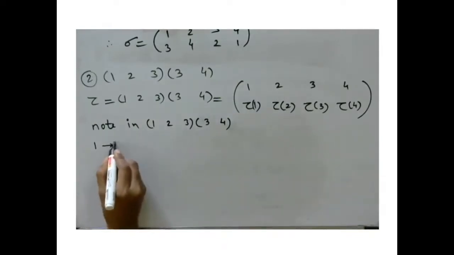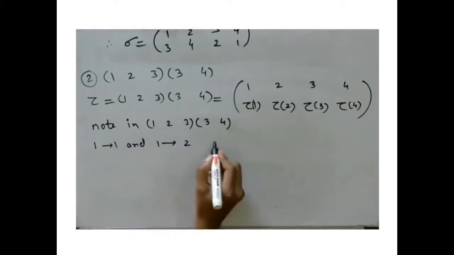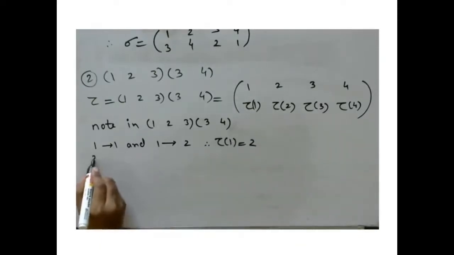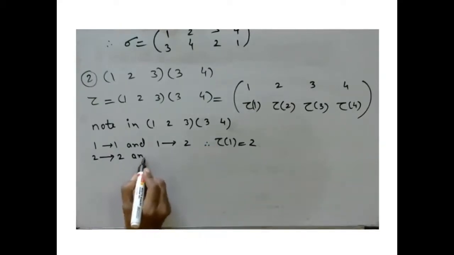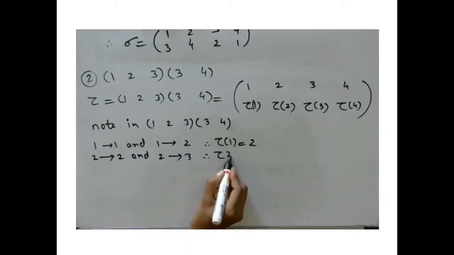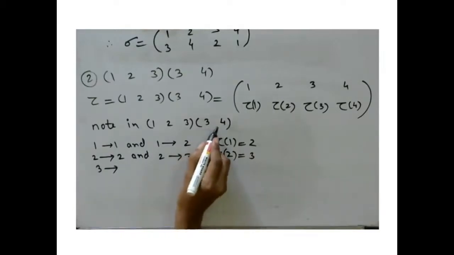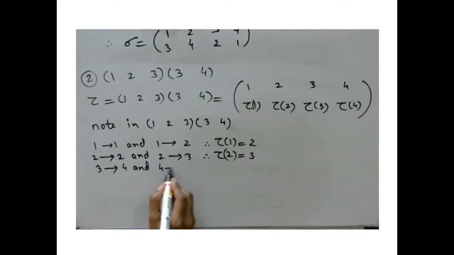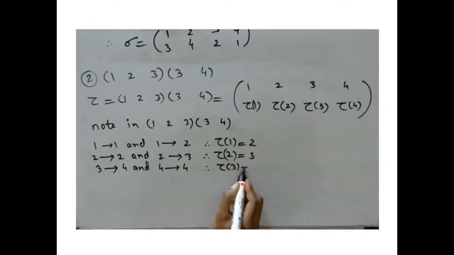So 1 maps to 1, and in the next cycle 1 maps to 2. So what is the conclusion? That tau of 1 is 2. Let us see the image of 2. 2 is not present, so 2 maps to 2, and in the next cycle 2 maps to 3. Therefore tau of 2 is 3. Then let us see the image of 3. 3 maps to 4, and in the next cycle 4 is fixed. 4 is mapping to 4 itself, so tau of 3 is 4.